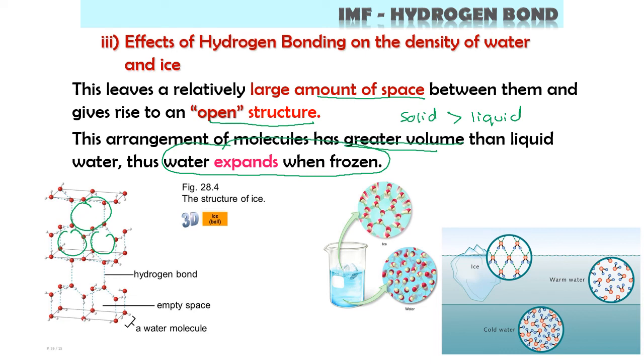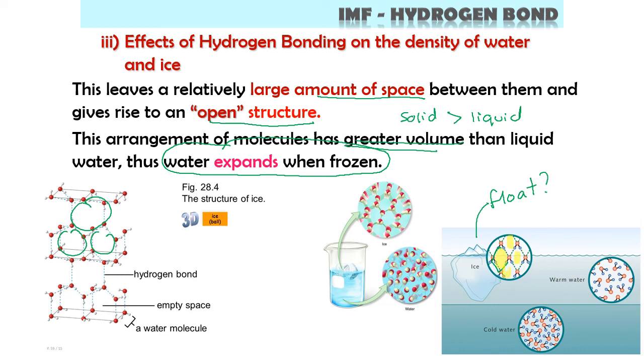And open structure ni juga penting untuk sifat ice. Okay, so sifat ice, you know that ice akan float on water. So why is this ice float on water? Kenapa ice float? So this is because of the open space ni. Dia ada open space between the water molecule.